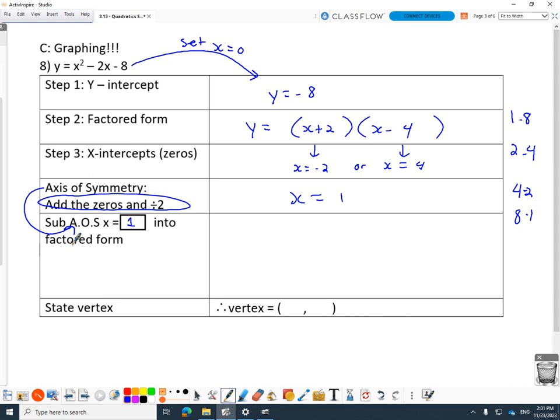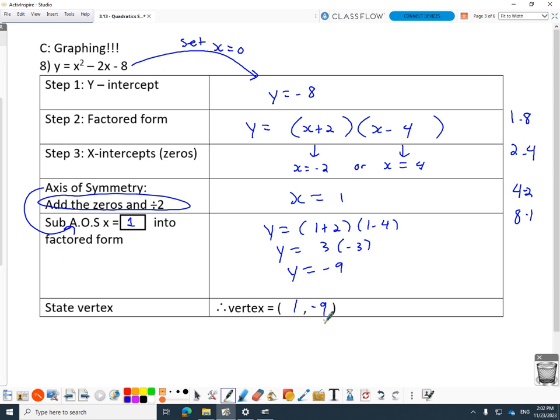And then it says sub that value into the function to get the vertex. Just sub that axis of symmetry right in, and it'll tell you where your vertex is.